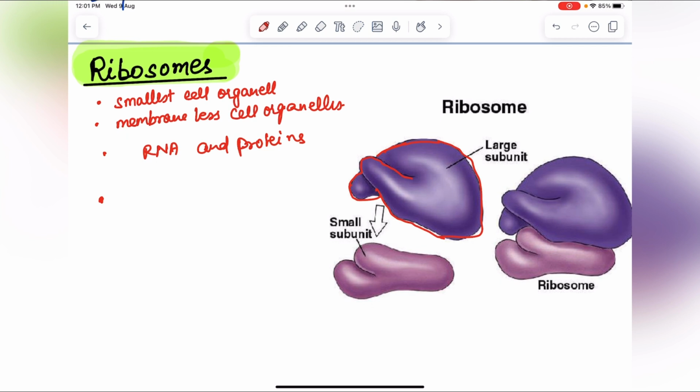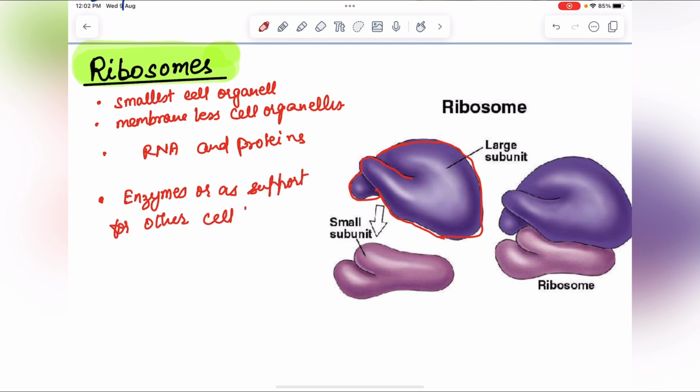These proteins might be used as enzymes or as support for other cell functions. Now we'll see where ribosomes are present.